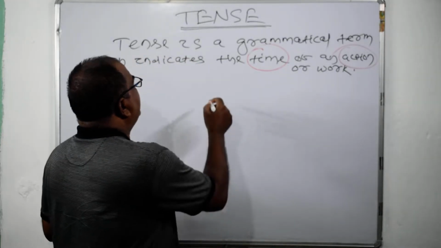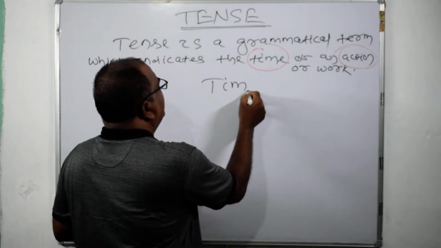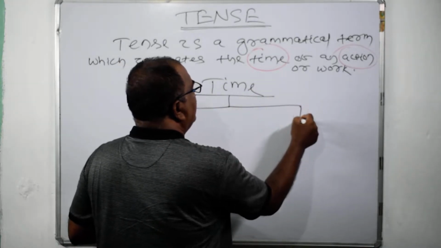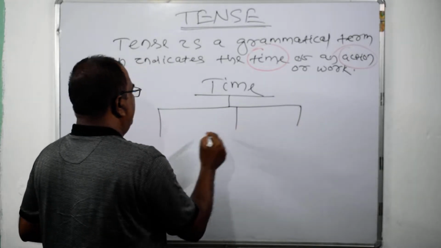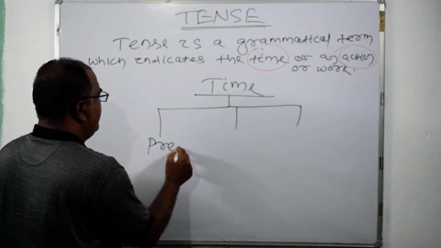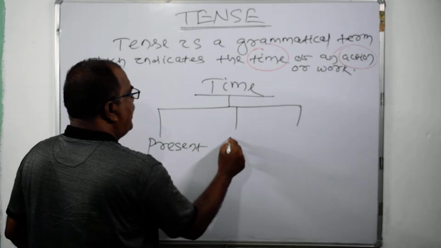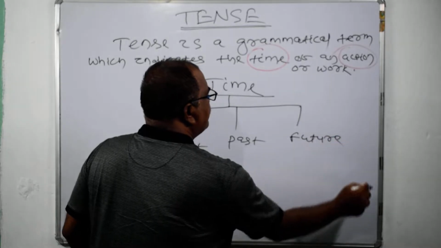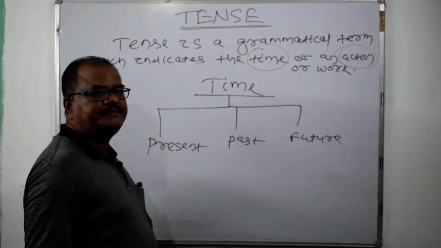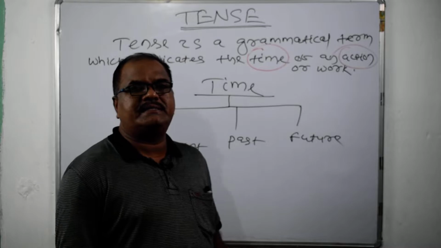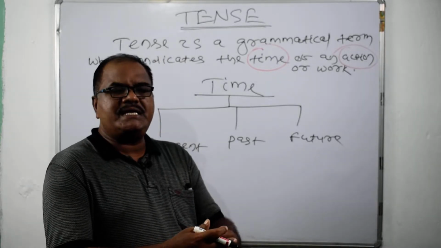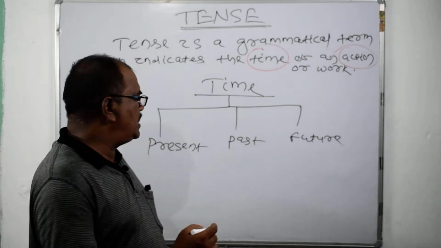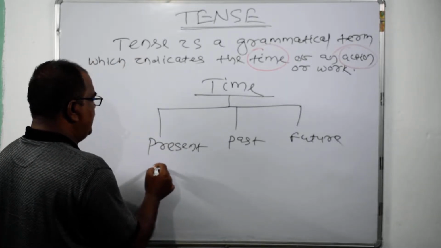So, we can divide time into three parts: present time, past time, and future time. Present time expresses the duration, the length of the present action, the action which is going on.